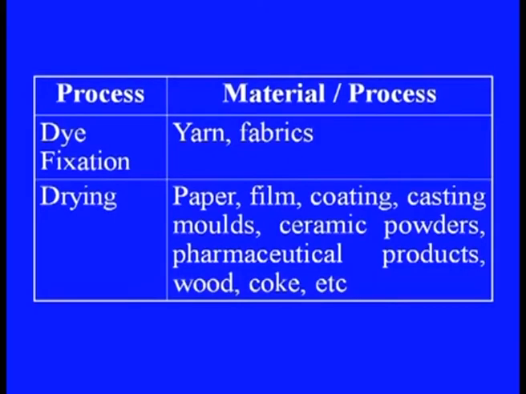Then for dye fixation, the microwaves can be used for yarn or fabrics. Then for drying, so drying of paper, film, coating, casting molds, ceramic powders, pharmaceutical products, wood, coke and so on.